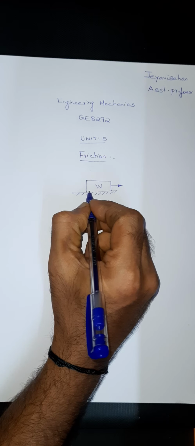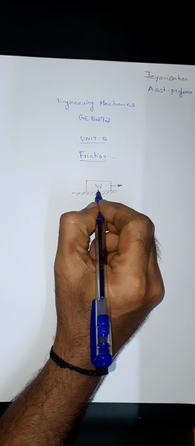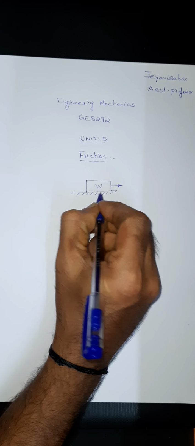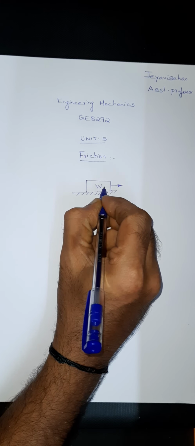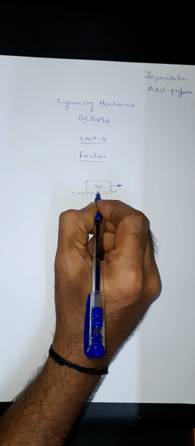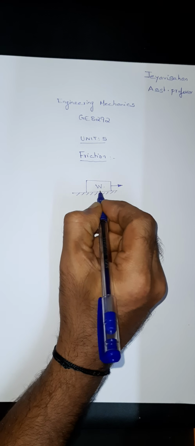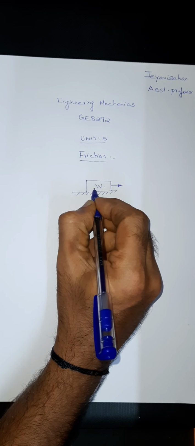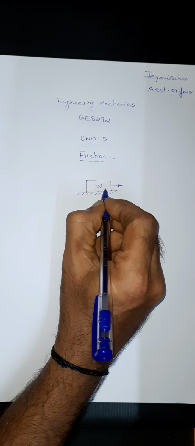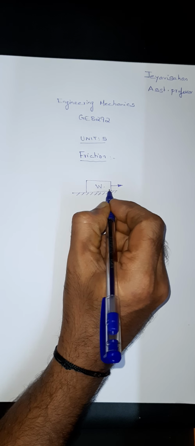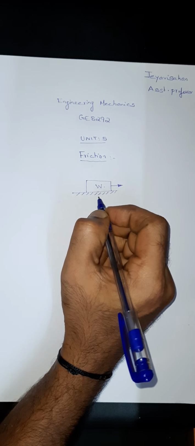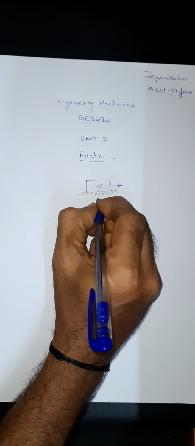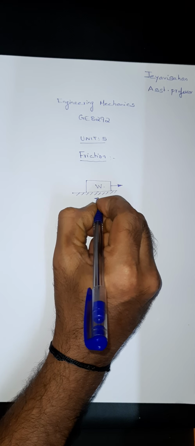So when the body slides over another body, that means this is the fixed body and this is the moving body. This is the surface of the fixed object and this is the surface of the moving object. When it starts sliding over the other body, a tangential force develops. That is nothing but the friction. Always friction will be opposite of the motion.